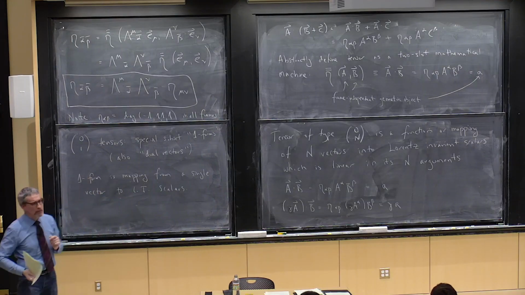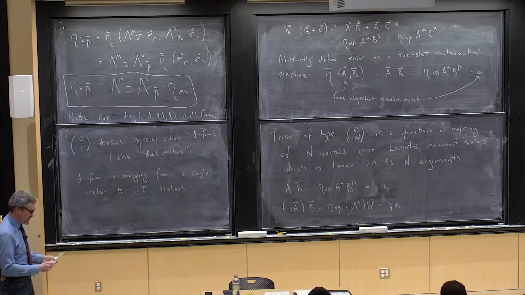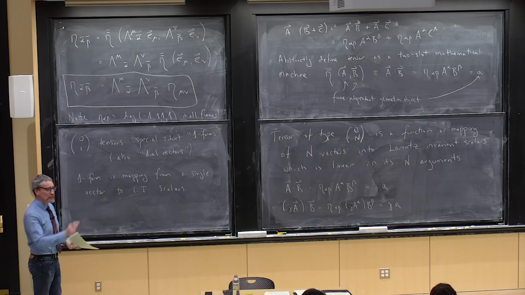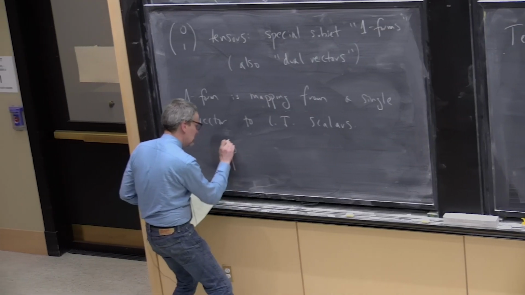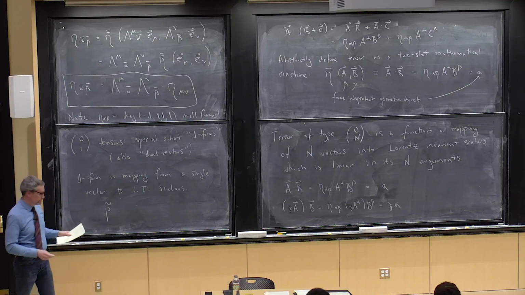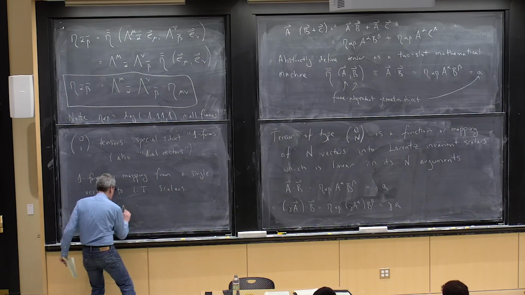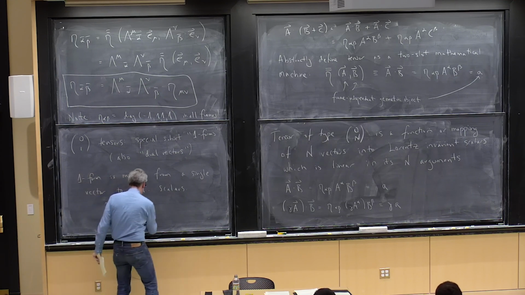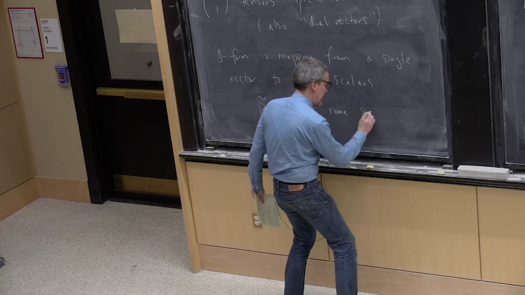So using some notation that I will probably only use in this lecture, because we're going to move past this notation pretty soon, let's say a one-form, I'm going to denote this with an over tilde on it. So let's say P tilde is a one-form. It will have, in this abstract notation, a single slot. So I put the vector A into it, and this then gives me some scalar out.